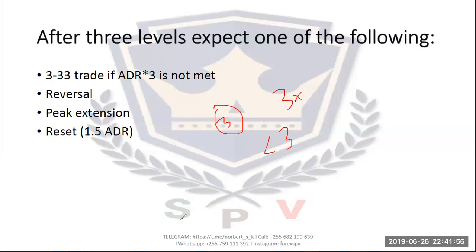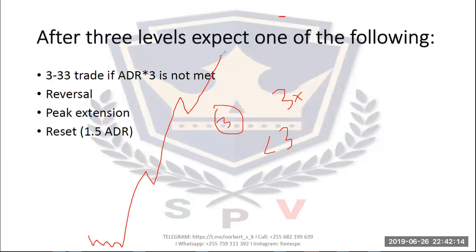A 333 trade occurs. Let's draw a market maker cycle here. Here we have our 3rd level, but the ADR times 3 maybe is around this area here.